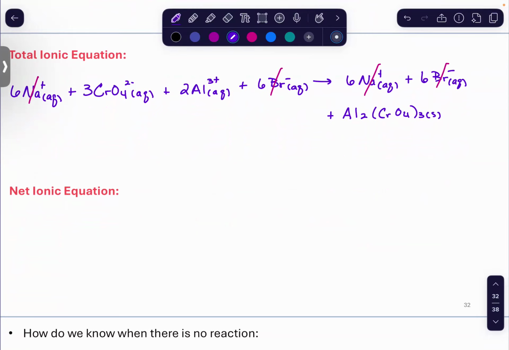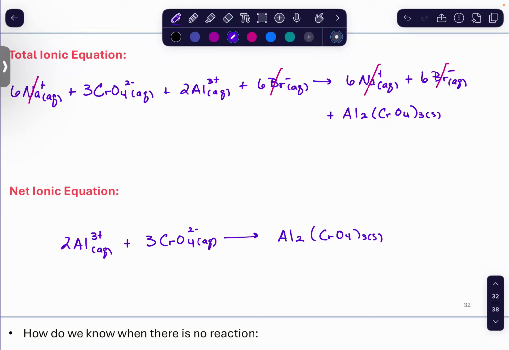Let's see. Okay, so that's going to be 2 aluminums plus 3 chromates is going to yield my solid aluminum chromate.